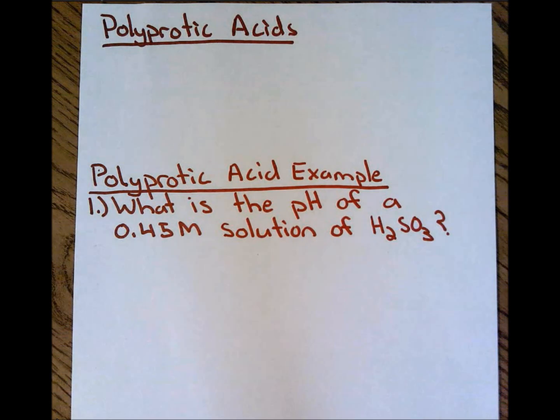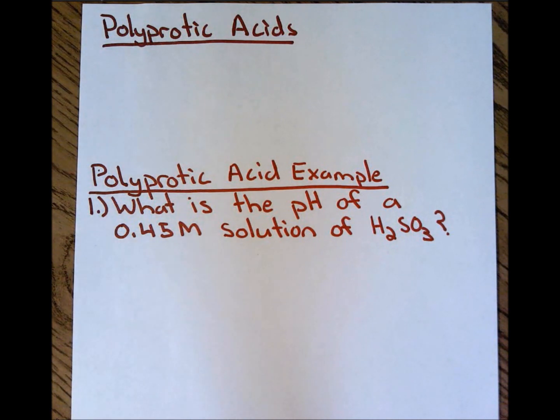Specifically, the definition is this: a polyprotic acid is defined as an acid with more than one ionizable proton. Let me write that down, and then we'll talk about it.